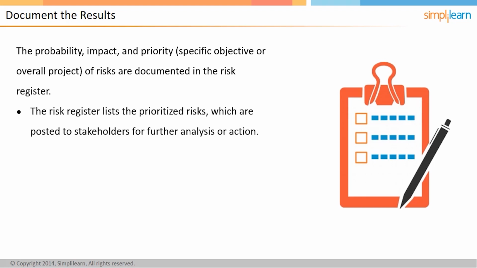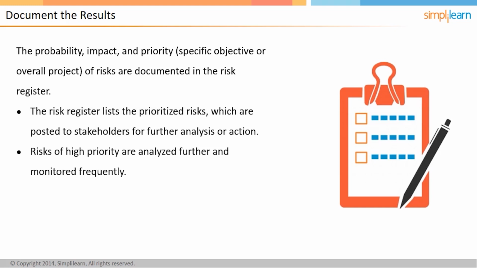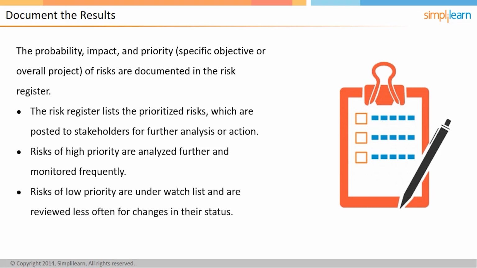The Risk Register lists the prioritized risks, which are posted to stakeholders for further analysis or action. Risks of high priority are analyzed further and are frequently monitored. Risks of low priority are kept on a watch list and are reviewed less often for changes in their status. Let us discuss an example of performing qualitative risk analysis process in the next screen.